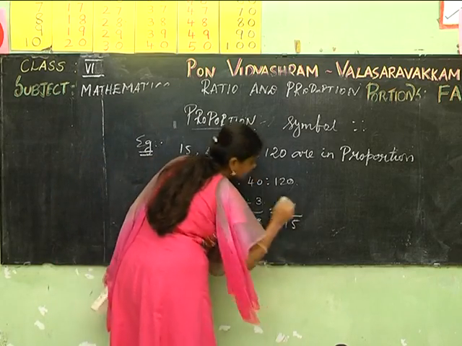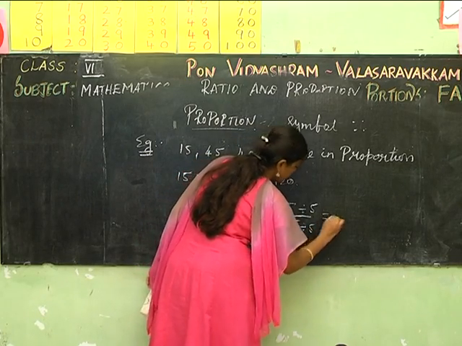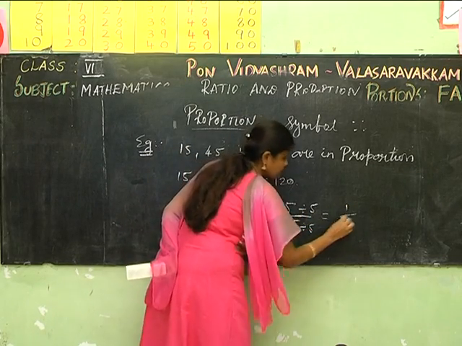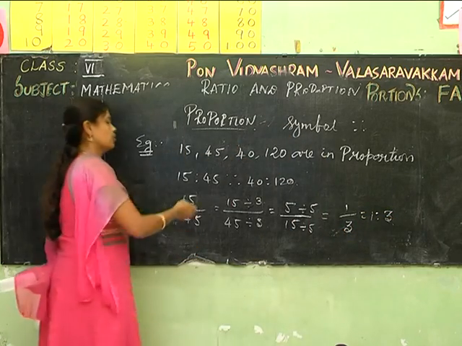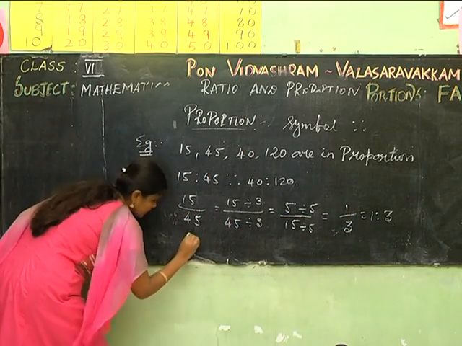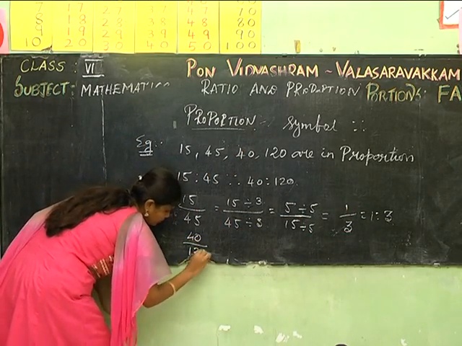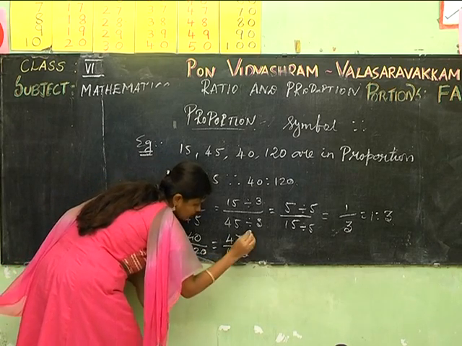Divided by 15. Now you can divide this in the fifth table. You will get 1 divided by 3. How can you write this? 1:3. So for the first one, your ratio is 1:3. Then for your second one, 40 divided by 120. This is easy. You can cut one zero.